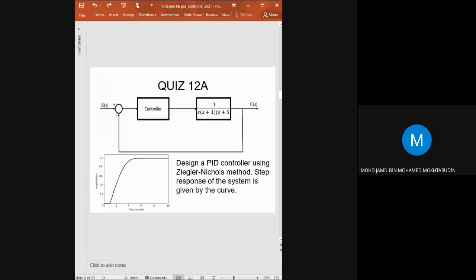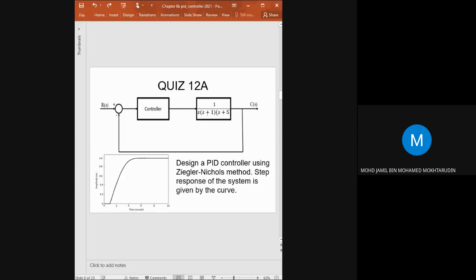So from the curve, estimate secara roughly lah, okay, the value of L and also the value of T. Okay, kalau dalam exam nanti diberi curve macam ni, nak kata print pelik juga kan, maybe secara kasar ukur pakai pembaris ke yang value of T tu. Okay, so in this quiz you need to obtain the value of L and the value of T.